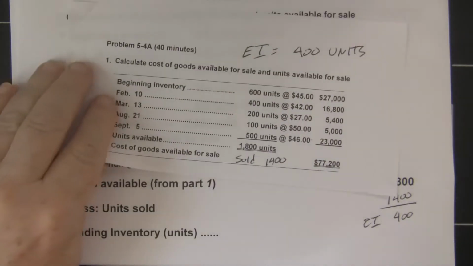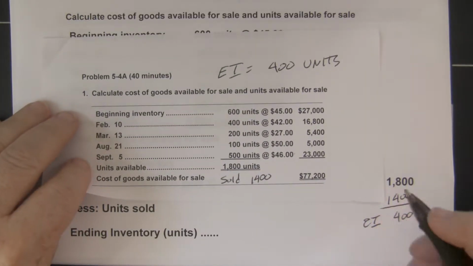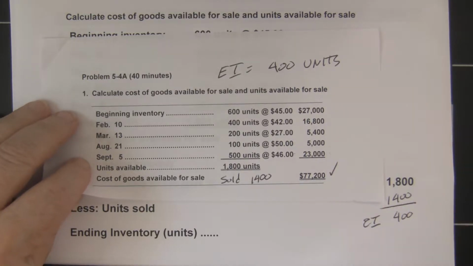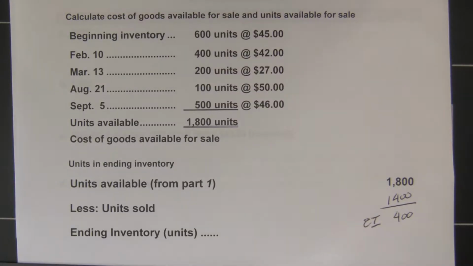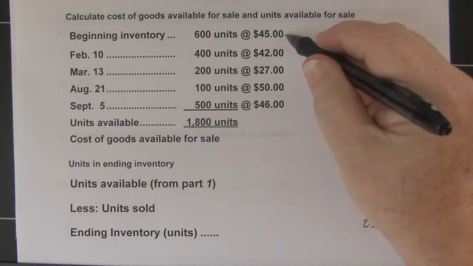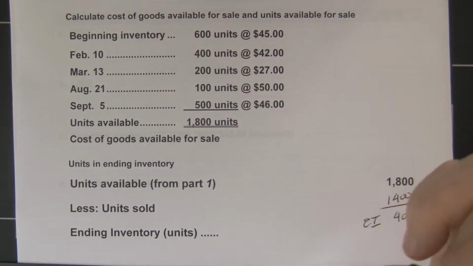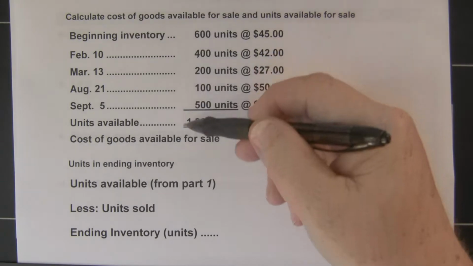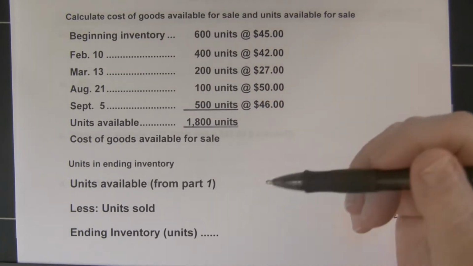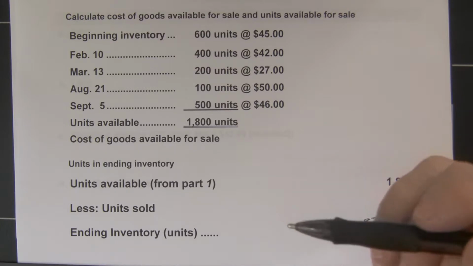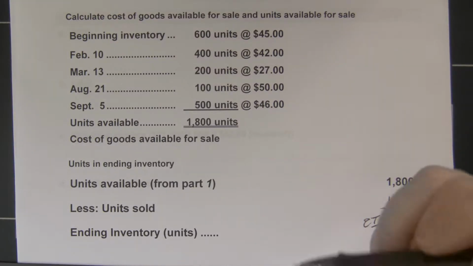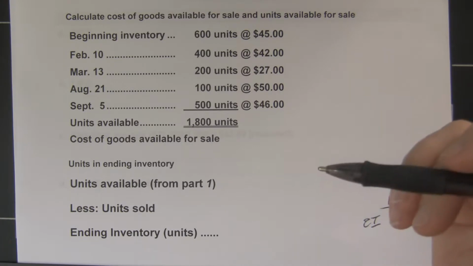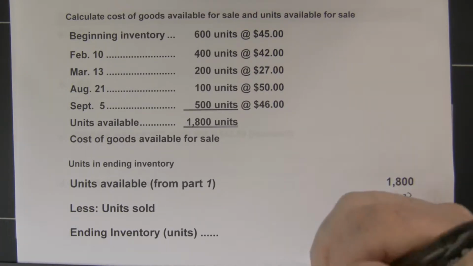So if you remember from Part 1, we found out that altogether we had $77,200 worth of stuff. Given that, our beginning inventory under FIFO includes everything, but what we need to do under FIFO is we're saying we sold the oldest stuff first and we kept the newest stuff.